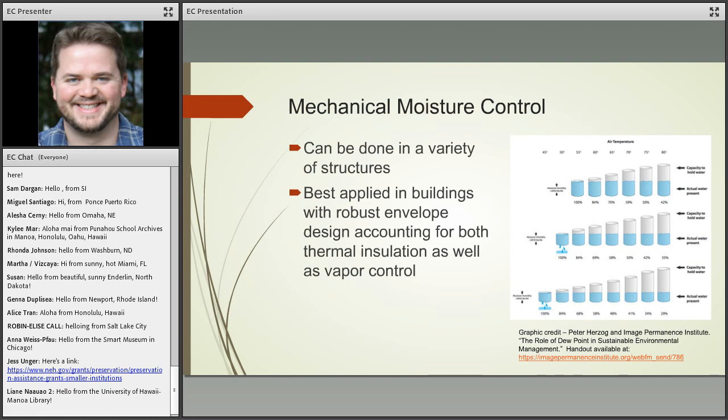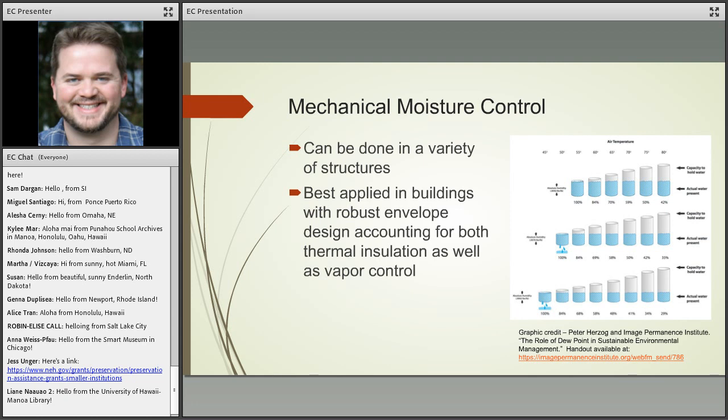So whether that's a true vapor barrier or just a series of vapor retarders, something that means that the work that we are doing to control moisture on the inside of the building, one, is not going to impact the envelope of the building too drastically, and two, that the difference between the vapor pressure, the moisture content that we make inside the building and what's going on outside, that all of that work doesn't just encourage more moisture to come into the building, or that we're not just pushing all the moisture that we create in terms of humidification out through the envelope of the building to the outside.